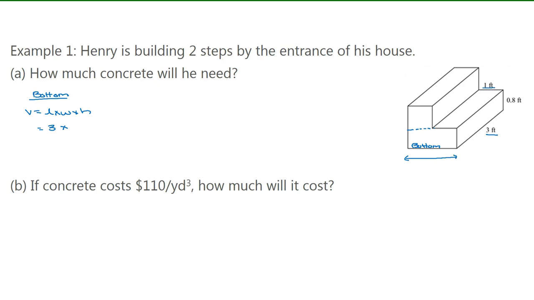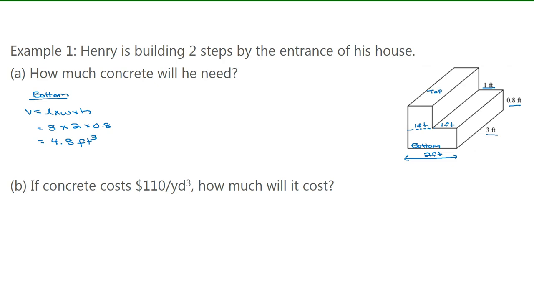We know that this here is 1 foot. So this as well will be 1 foot, meaning the width is actually 2 feet. And then the height is 0.8 feet. So multiplying these 3 numbers together, I get that the volume of the rectangular prism is 4.8 cubic feet.